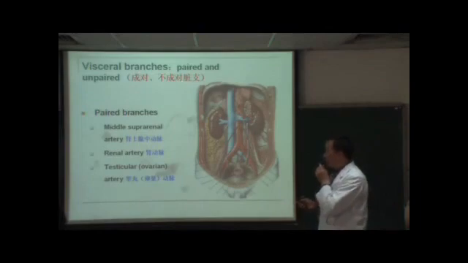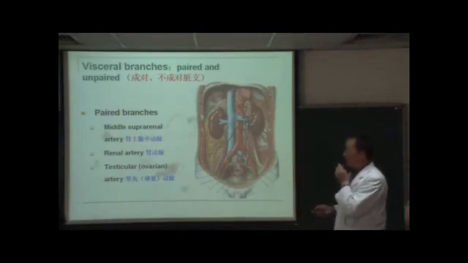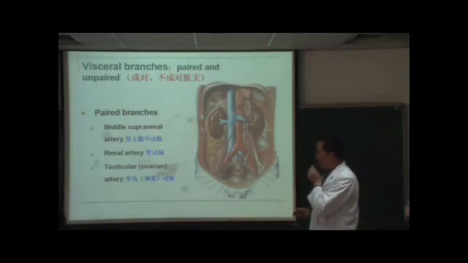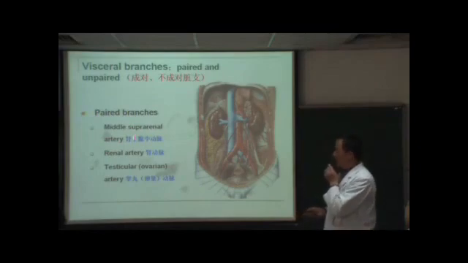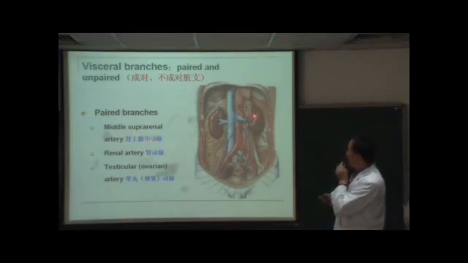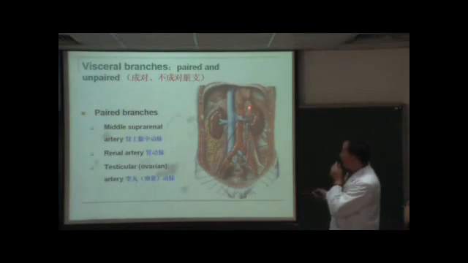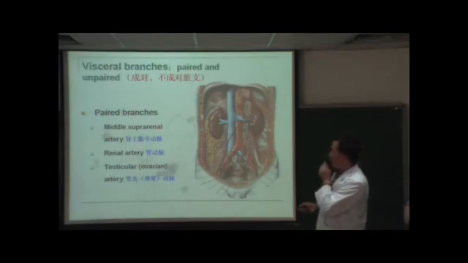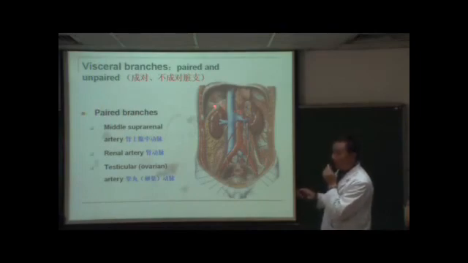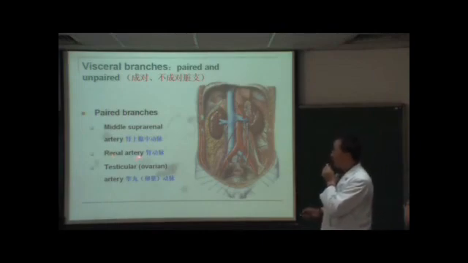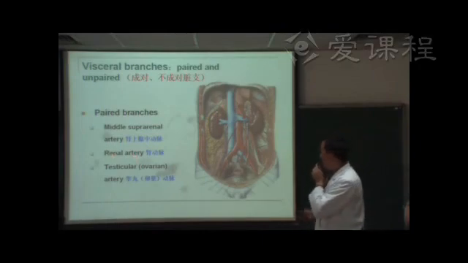The paired branches include the middle suprarenal artery. This one. Middle suprarenal artery from here to this suprarenal gland, and the renal artery.